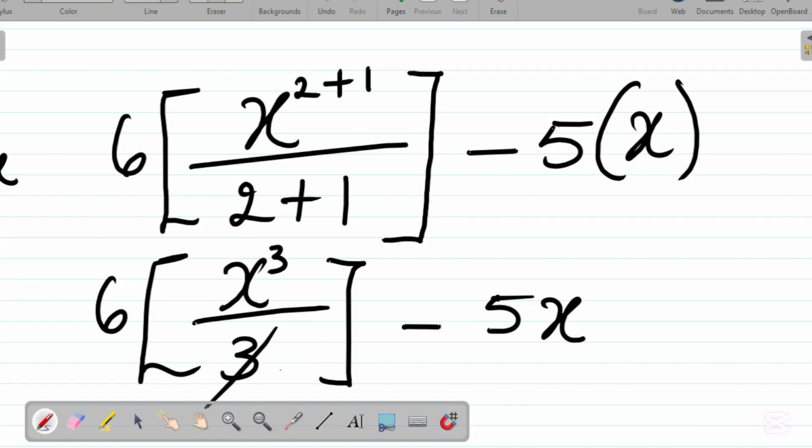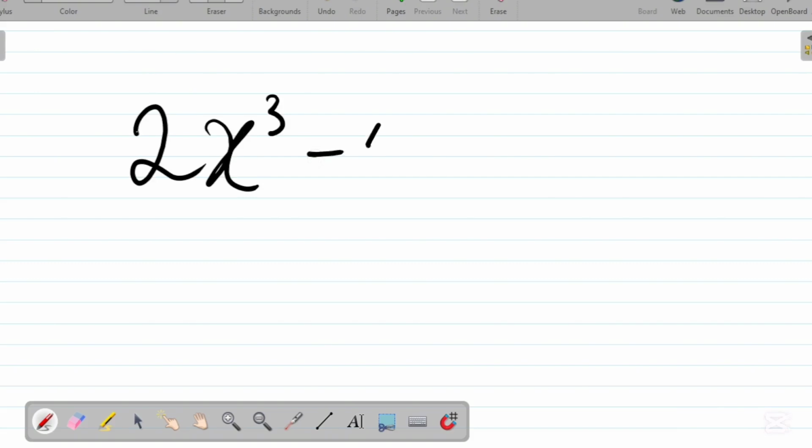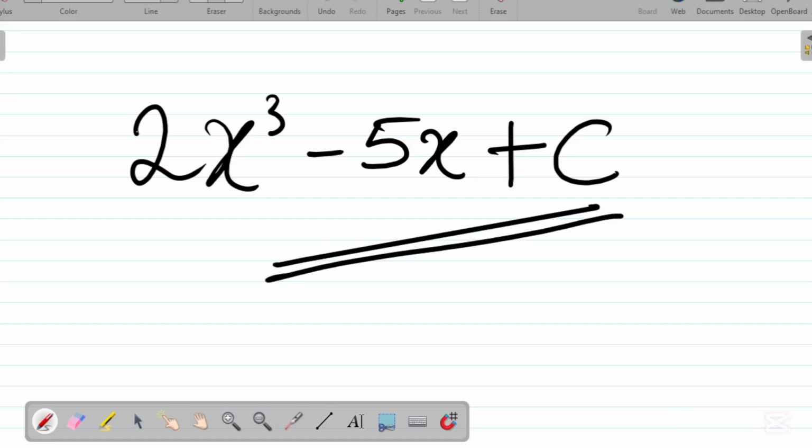Three into itself is 1. 3 into 6 is 2. So our answer becomes 2x raised to power 3 minus 5x. And then you attach the constant of integration, which is c.